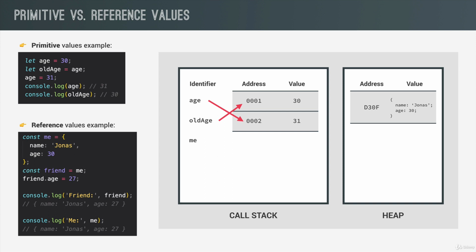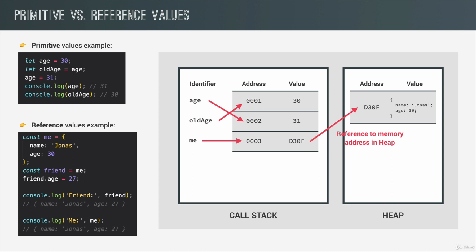Instead, it will point to a new piece of memory that's created in the stack. And this new piece of memory will then point to the object that's in the heap by using the memory address as its value. In other words, the piece of memory in the call stack has a reference to the piece of memory in the heap which holds our me object.